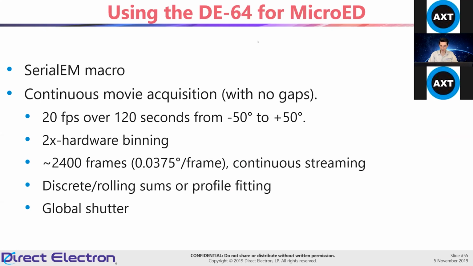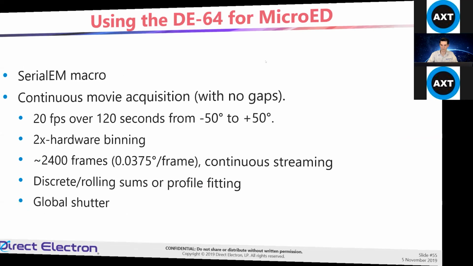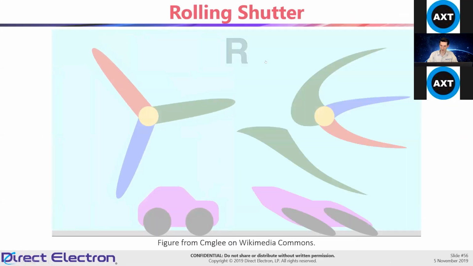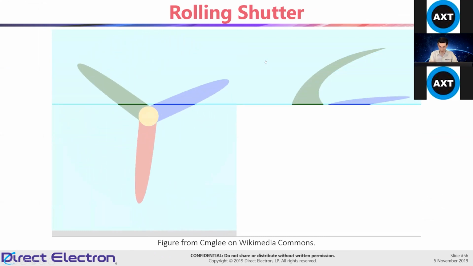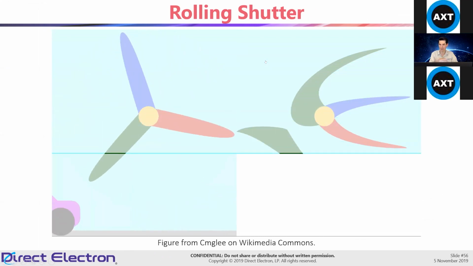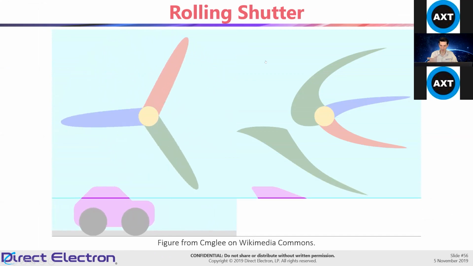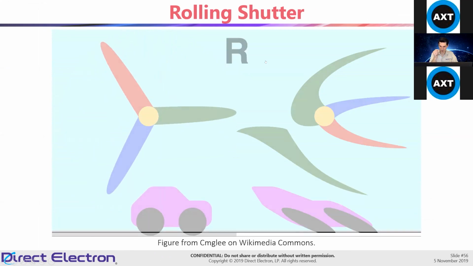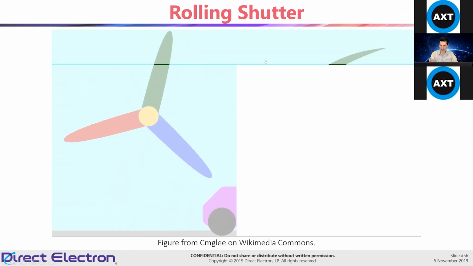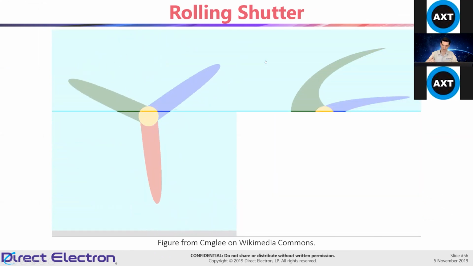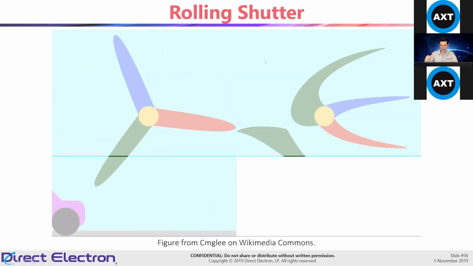A rolling shutter basically looks like this. You have your sample on the left-hand side, which is something that's going to be moving, whether it be the beam or motion, things like that. When you are reading out from the camera with a rolling shutter, you read from the very top row to the bottom row. And there's a time difference between the two.